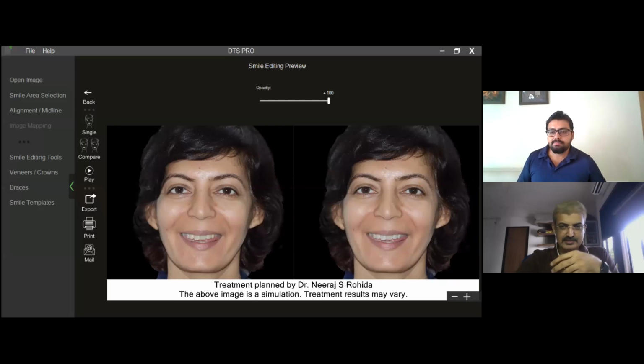I personally have Dolphin as well, but I'm not criticizing any. Every software is great; they're excellent. But this is so easy, probably very simple to do. The ease factor matters a lot, because you don't want to spend too much off-chair time. On chair is fine, but off the chair also you don't want to spend too much time.